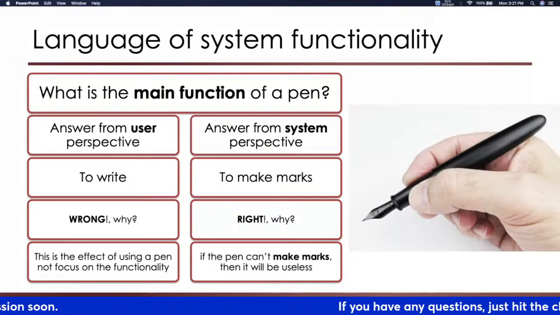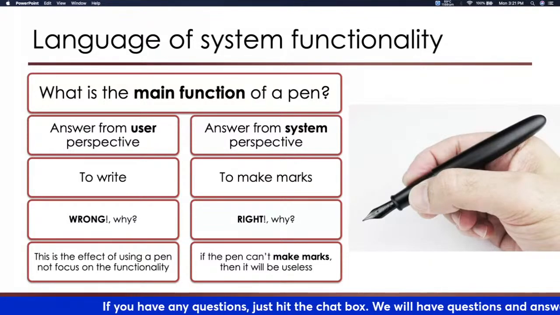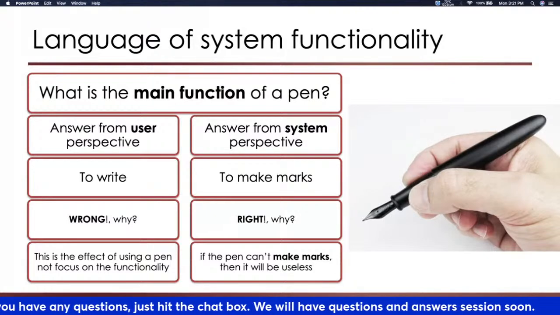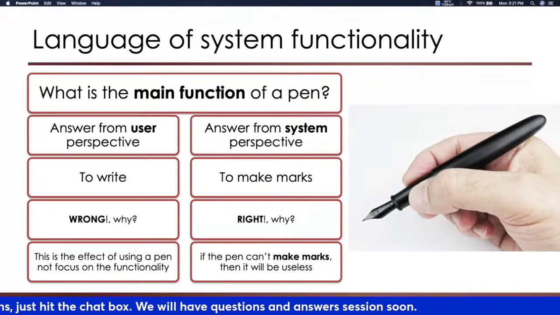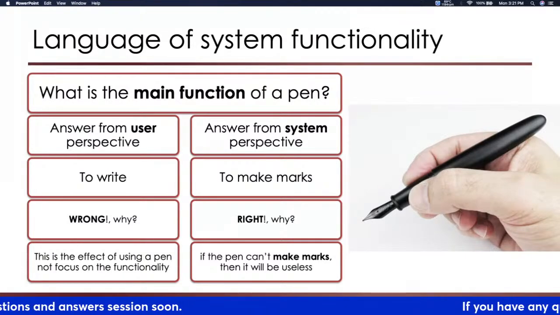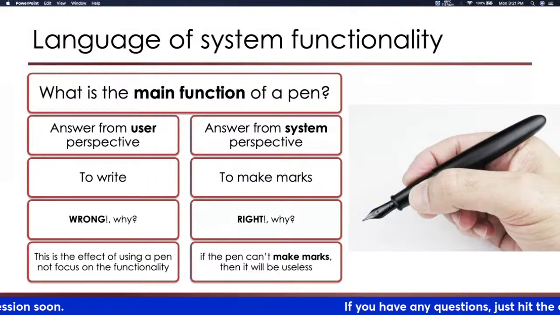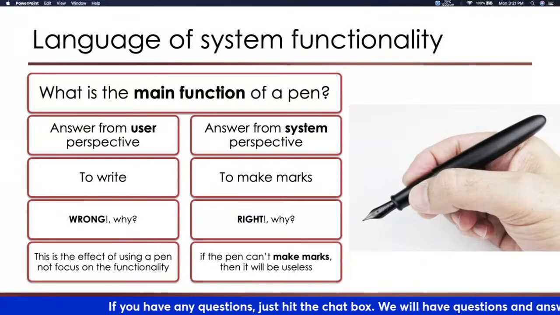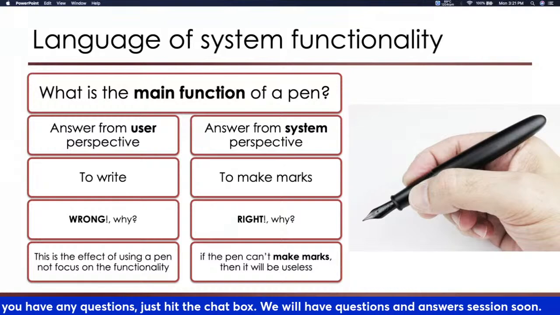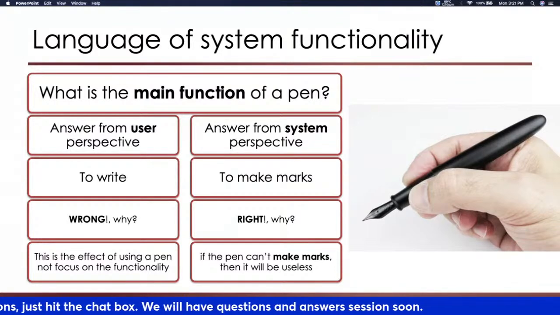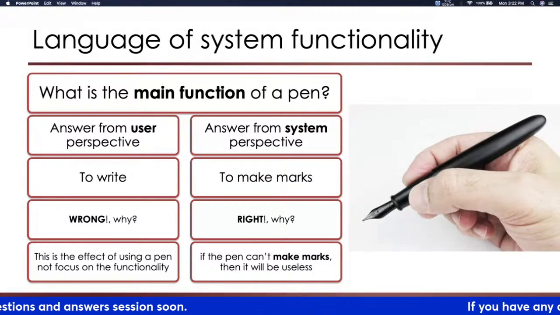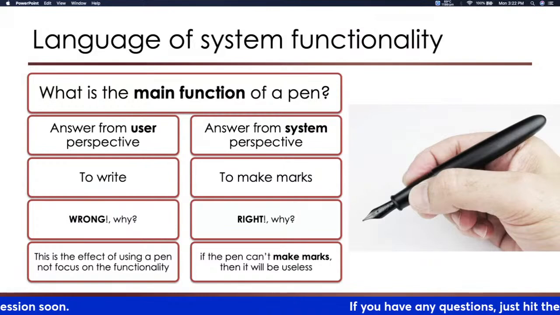So by learning TRIZ, we are able to understand the actual function of the system, the true meaning of the component and its functionality, and this makes us understand objectively what the system is all about. This is the challenge for us as engineers trying to solve problems correctly.